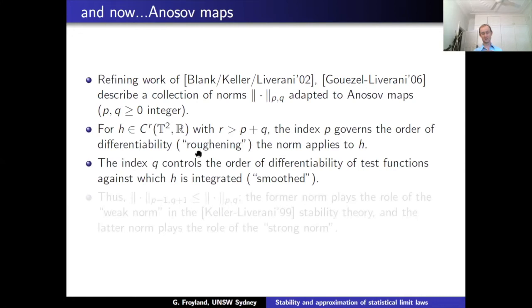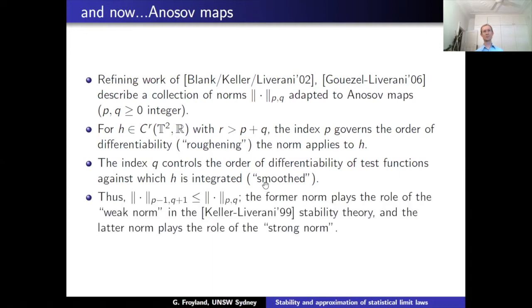In the unstable direction, you're differentiating some C^R function P times. So this is penalizing how smooth you are in the unstable direction. In the stable direction, the index Q is the order of differentiability of a test function against which you integrate. So this is like a smoothing effect. So you have this anisotropy in your norm.